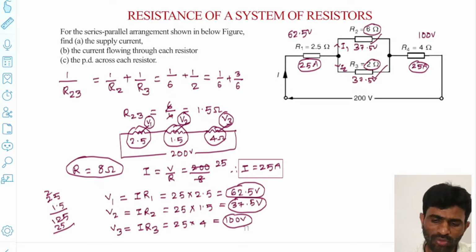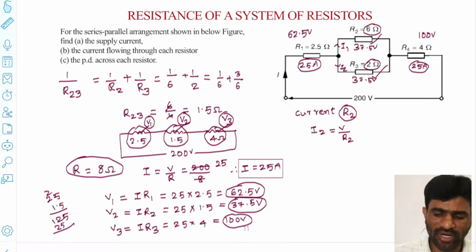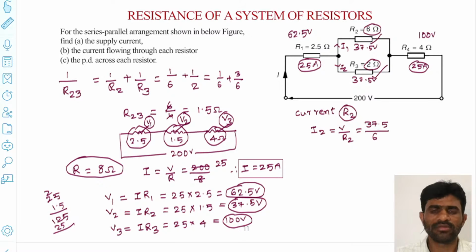So now if you want the current across R2, I2 is equal to V by R2. V is 37.5 by R2, which is 6 ohms.